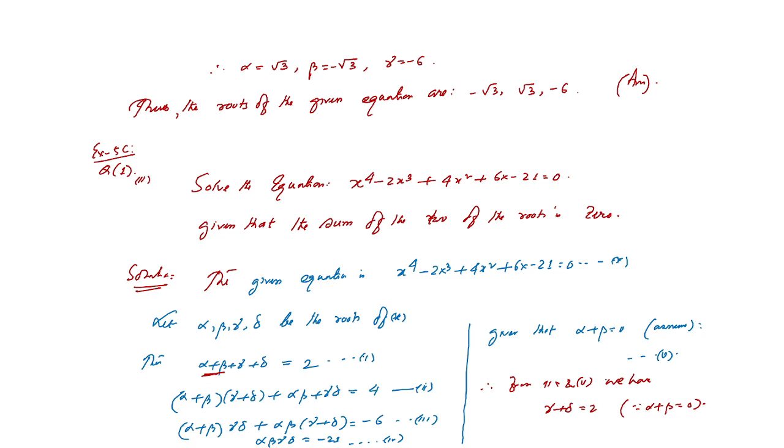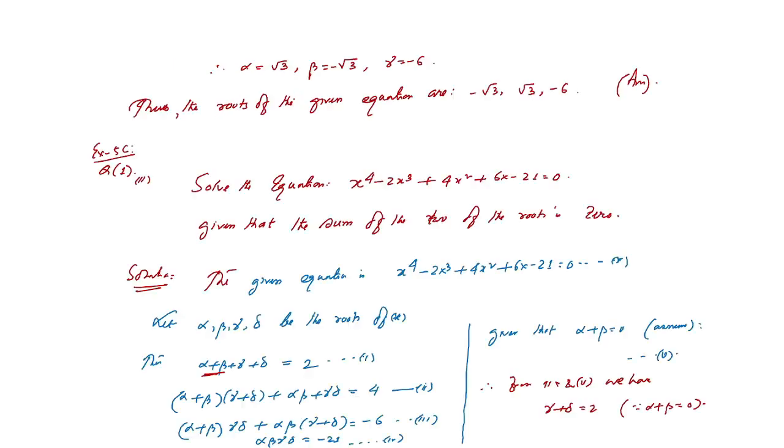Now we put the value of alpha plus beta and gamma plus delta in equation 2. So 0 multiplied by 2 is 0. Therefore from 2 we get alpha beta plus gamma delta will be 4. Why? Since alpha plus beta equals 0 and gamma plus delta equals 2, just put the value in equation 2 and you will get alpha beta plus gamma delta equals 4.